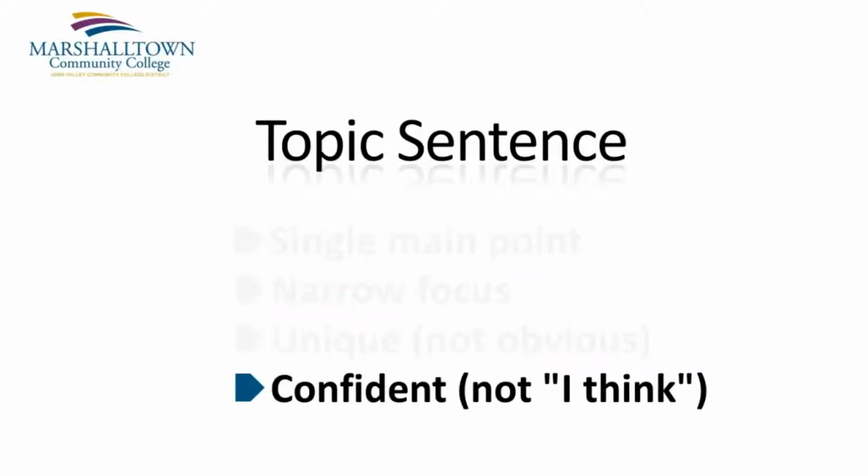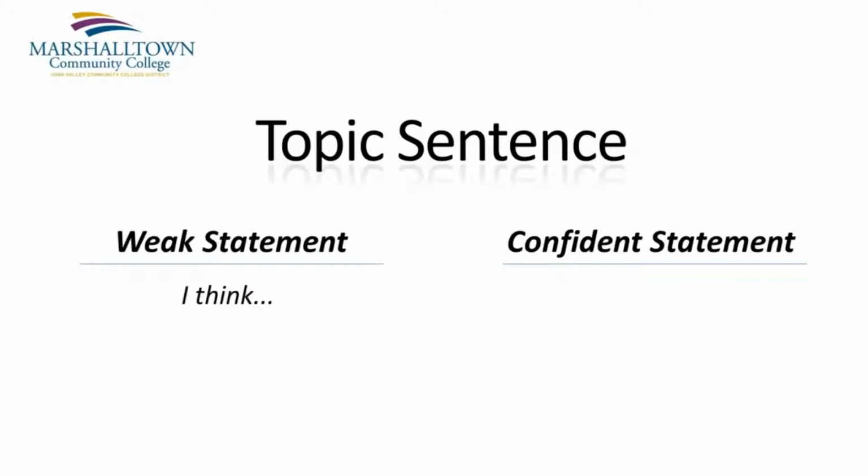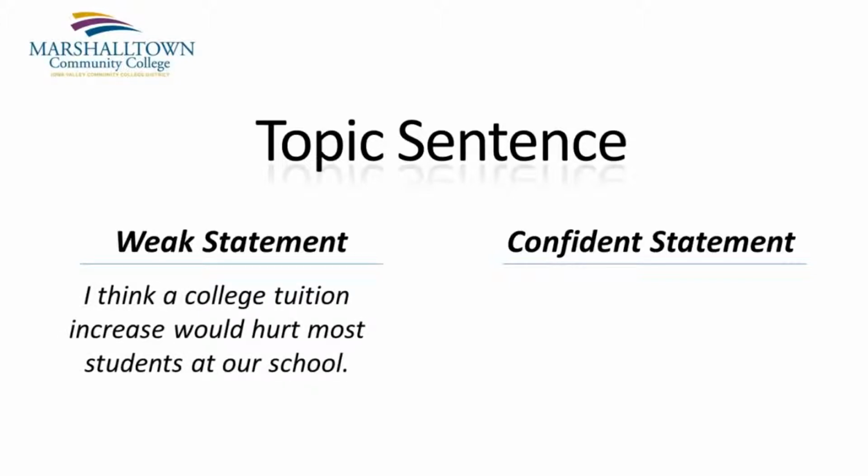Finally, a good topic sentence has a tone of confidence, and that means you need to avoid writing weak sentences that start with the words I think, or I hope, or in this paper I will. For example, I think a college tuition increase would hurt most students at our school.